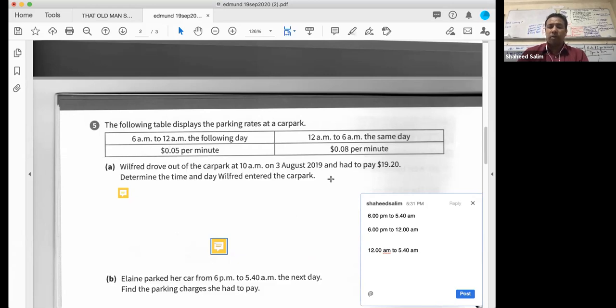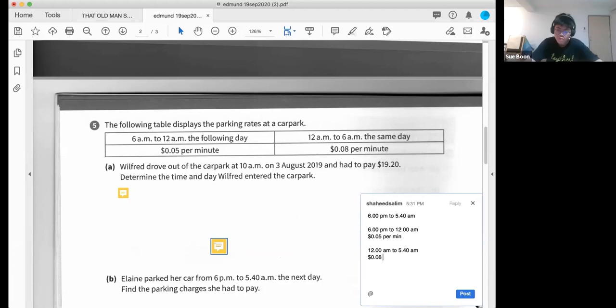Okay, it's $0.05 a minute. And down here, 12 a.m. to 5:40 a.m., because she stayed until 5:40, that is $0.08 per minute.